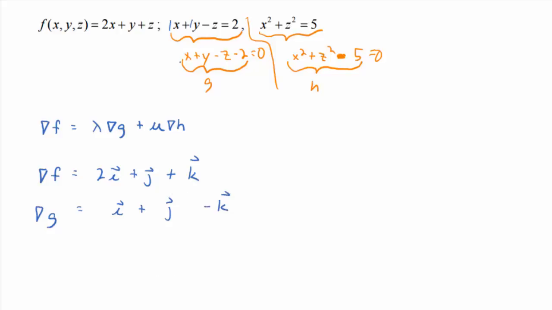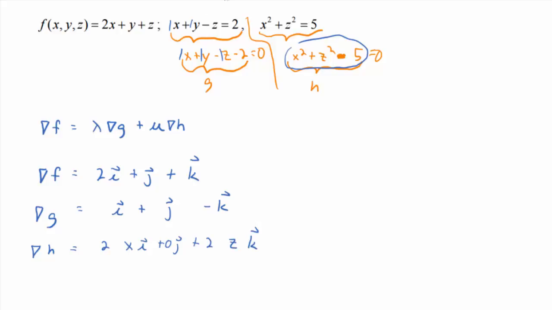Right? And then what's del h going to be? 2xi. So I'm looking at this guy. 0j, we don't usually put that. You can if you want, if you want like a placeholder, that'll work. And then plus 2zk.